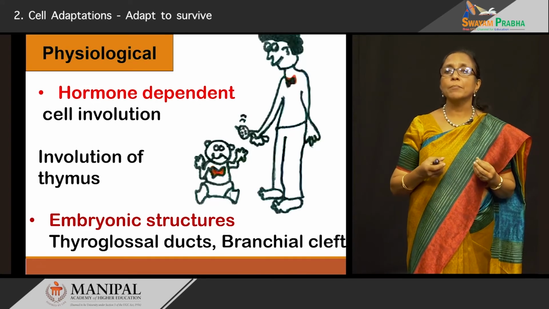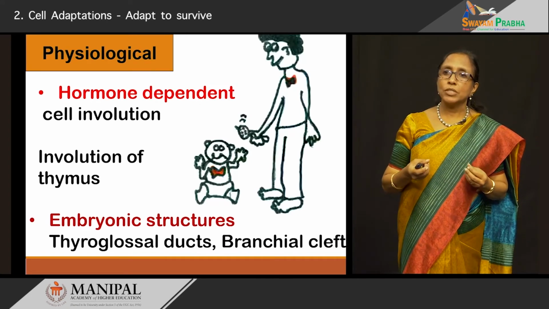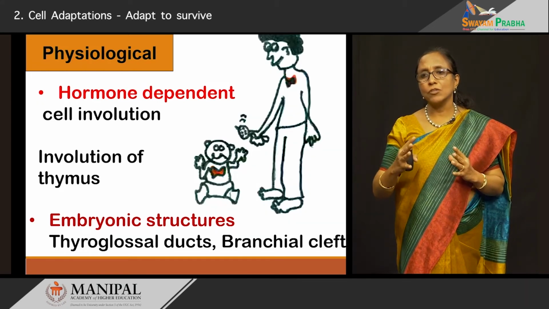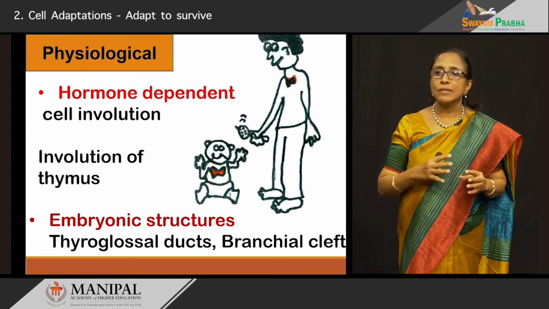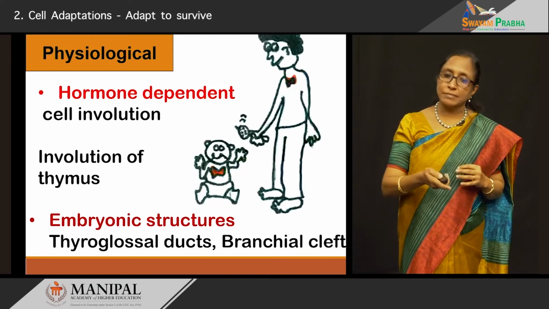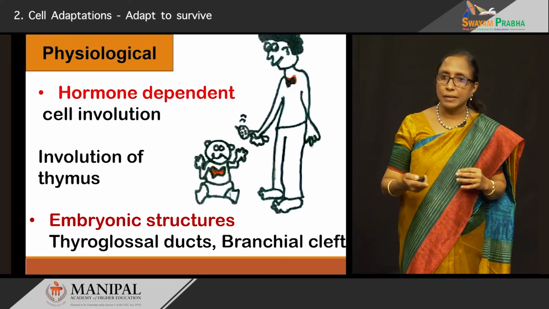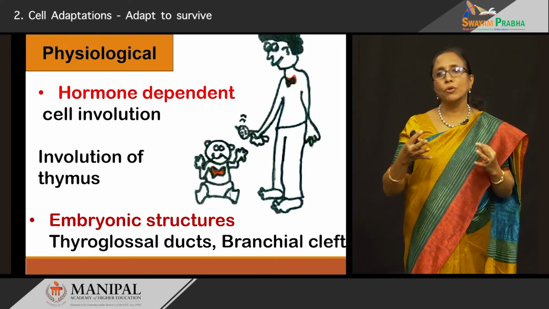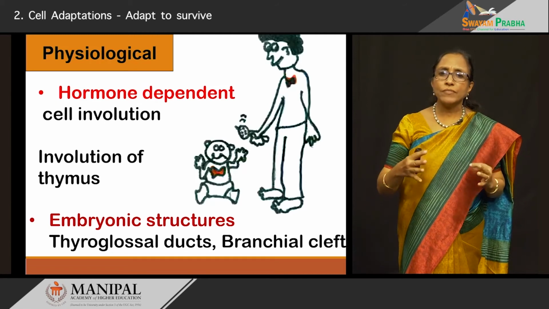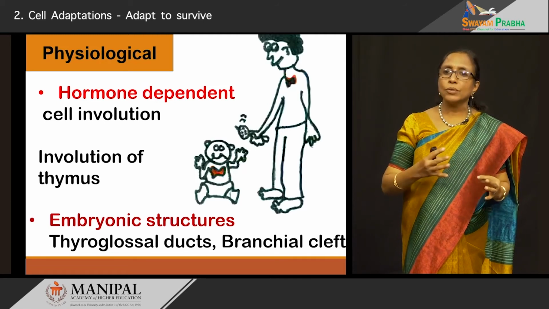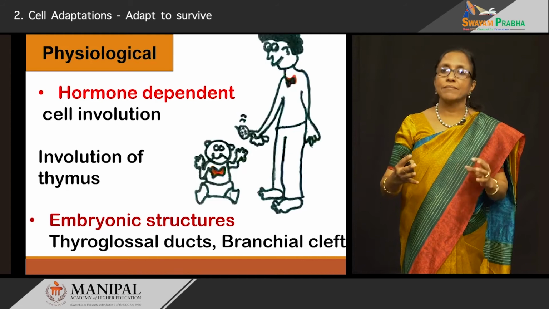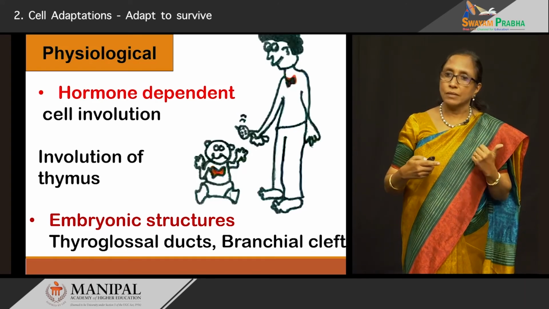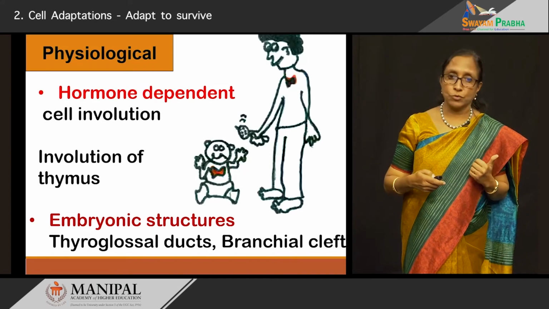Similarly, there are several embryonic structures which are there during the fetal life, but as the baby is born, many of these disappear, like for example the thyroglossal ducts, branchial cleft, and the reproductive system that is formed from the Mullerian and the Wolffian systems. All of them change so that they are not there during the adult life, and they are all atrophied, and all of this is by the process of apoptosis.